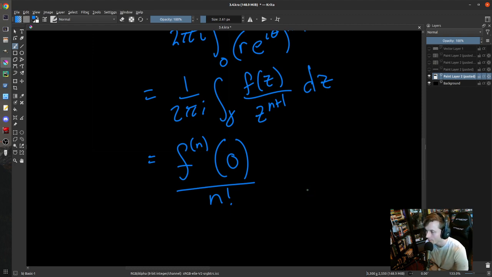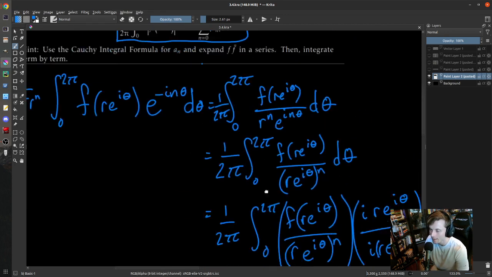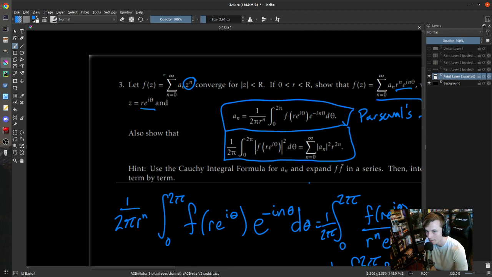But hey, if f has a representation as a power series, it's analytic. So if it's got a representation as a power series in this region, it's analytic. All good. All right. So there we go.